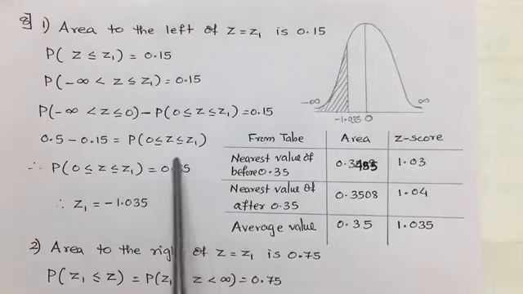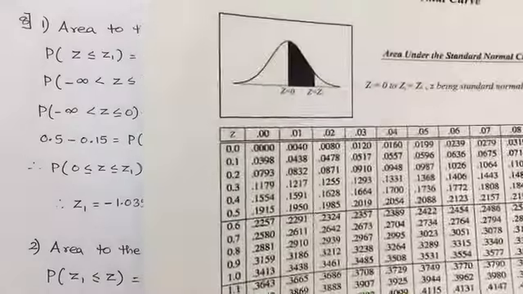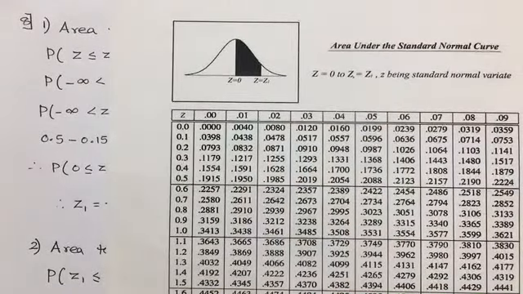So again we will have to search for 0.35 in the table to see whether we are getting the exact value or not. Taking up the table part, if you check it, 0.35 lies between 0.3485 and 0.3508.